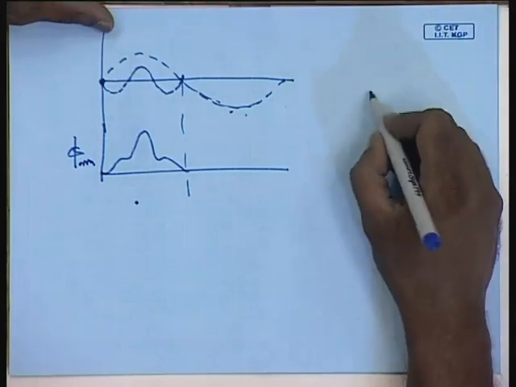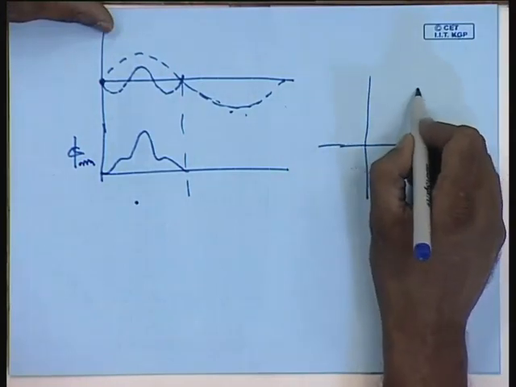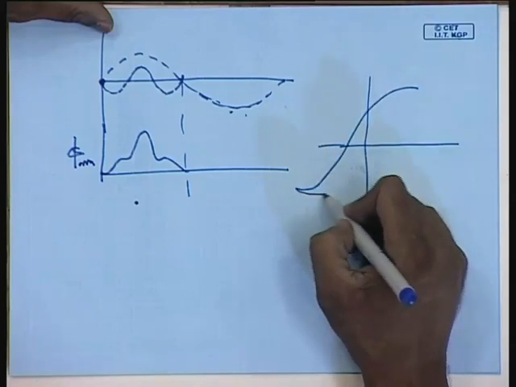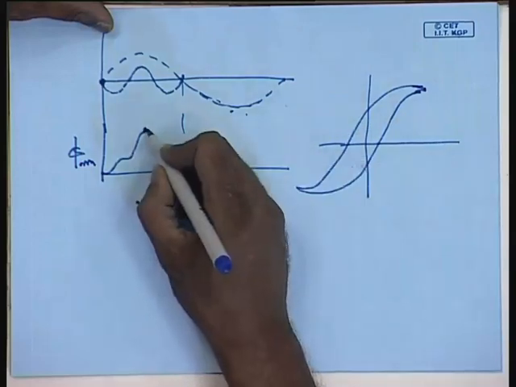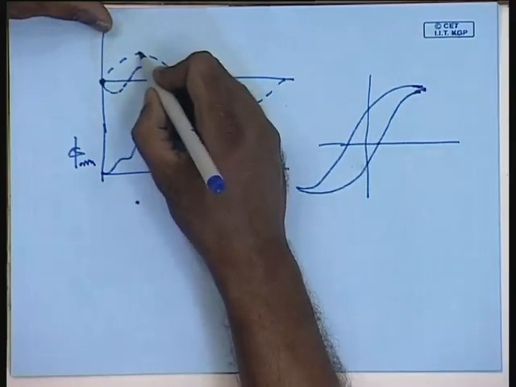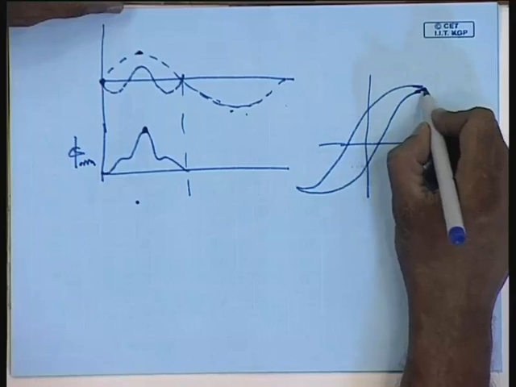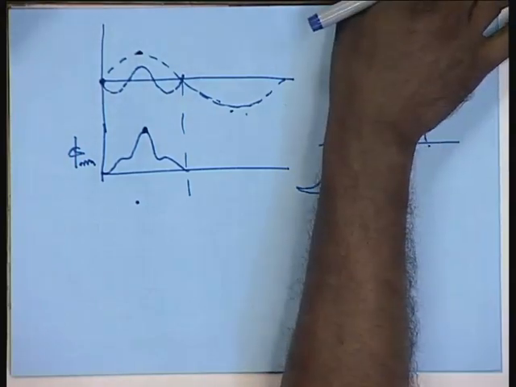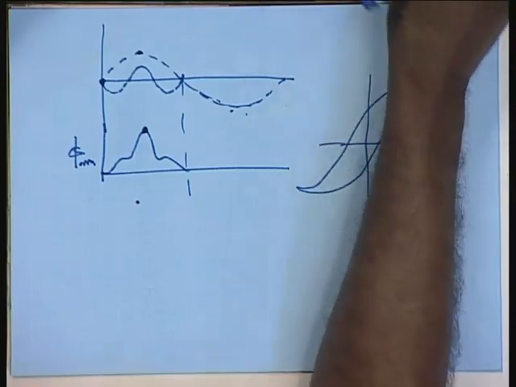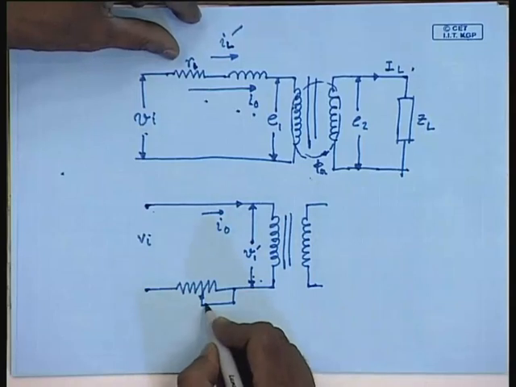in which case, because of saturation, this will be significantly higher than the fundamental magnitude of the flux. So, the current drawn by the circuit may be significantly large. Therefore, it is not desirable to make a circuit connection like this.